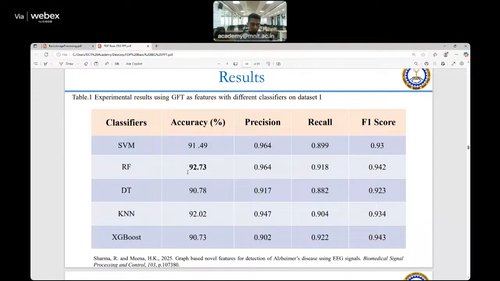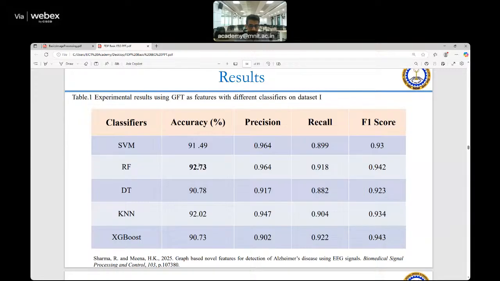So this is basically our publication. This paper was published in Biomedical Signal Processing and Control in 2025, where we use the classifiers SVM, random forest, KNN, XGBoost, and DT.